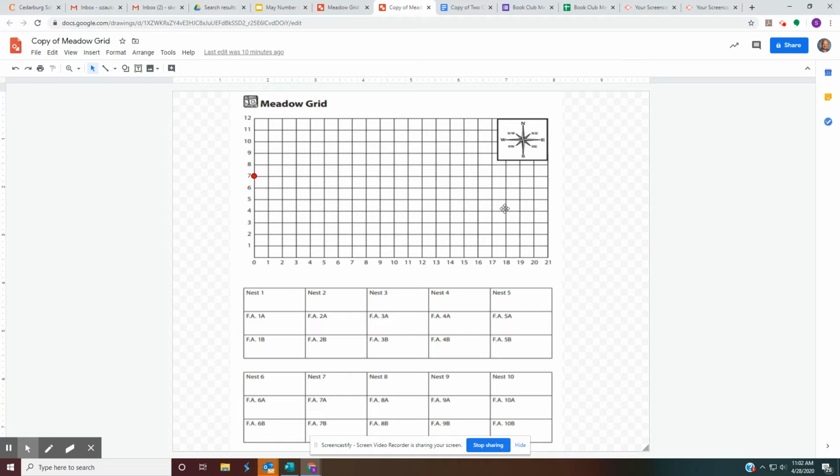This is the meadow, and we'll be marking nesting places and feeding areas for each of the nesting places. So this is located in your Number Corner book, so it's not anything that you have to print off, but I do have it available electronically if it's something that you need.